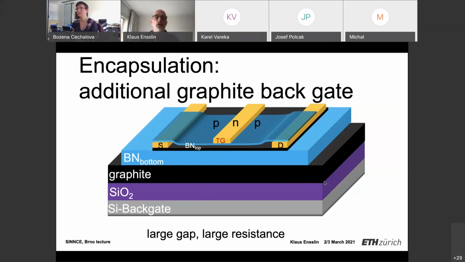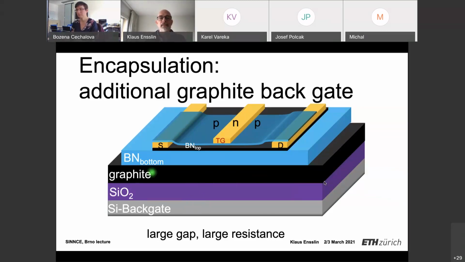Another reason is the following. The thickness of this silicon dioxide is typically 270 nanometers. That has historical reasons. It's a thickness with which you can see the layers on top in an optical microscope. That's just a consequence of optical spectroscopy.